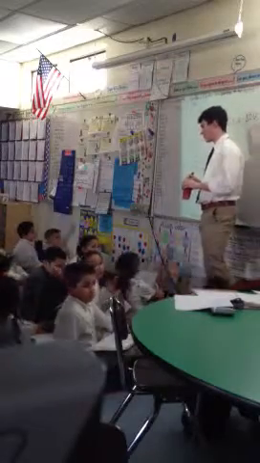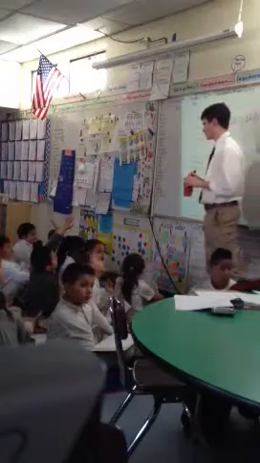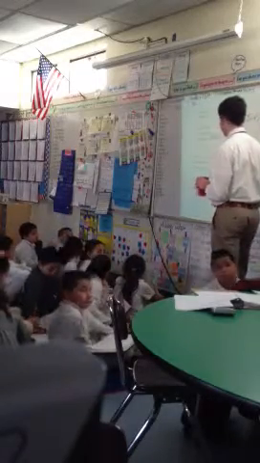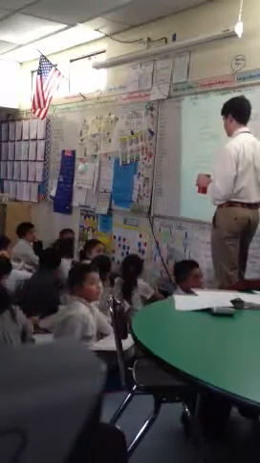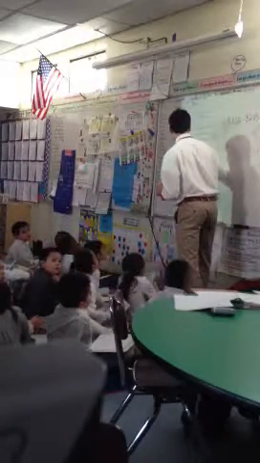Okay, I'm going to call on somebody else who has an idea of something that costs around $3 or $4. Go ahead. All right, yeah. Cost of a homework pass. Everyone write that in. Homework.